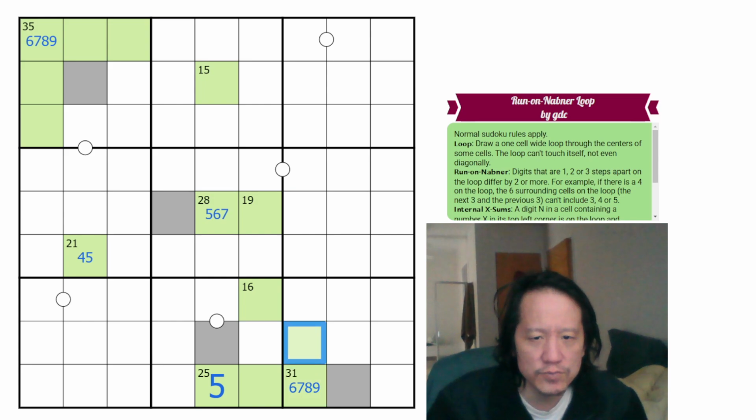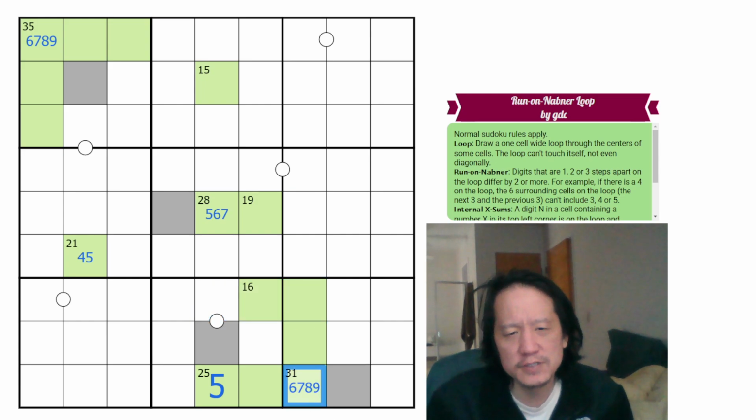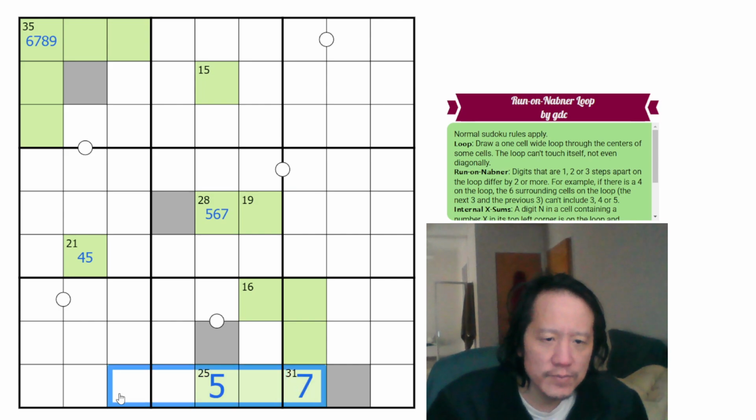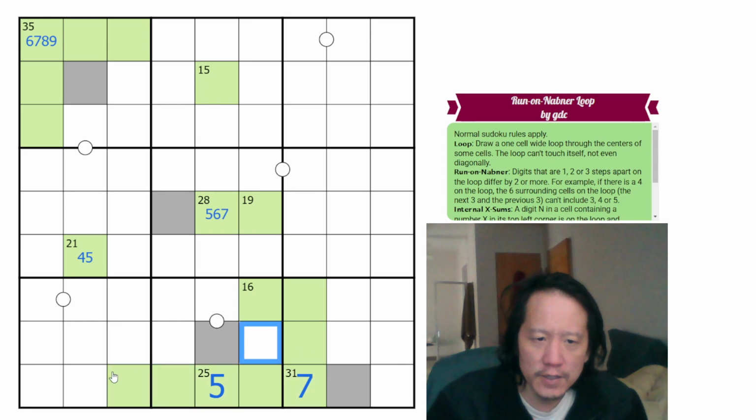So it has to go this way, which means it must connect this way too. So this has to be 7 then, specifically, to add up to, and then this must be here. This cannot be part of the loop, so it must go up here.